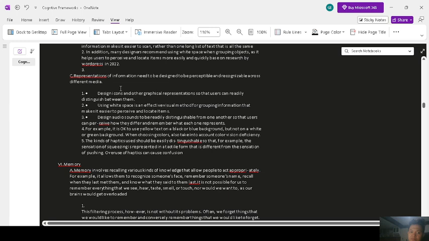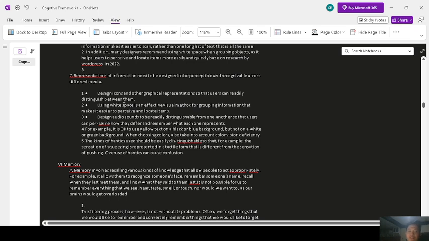distinguish the content better. Representations of information need to be designed to be perceptible and recognizable across different media. So again, it should activate perception and it should be recognizable. The idea is to avoid using recall and use perception, the less cognitively demanding sense at a given time, so that we have a lot of energy.